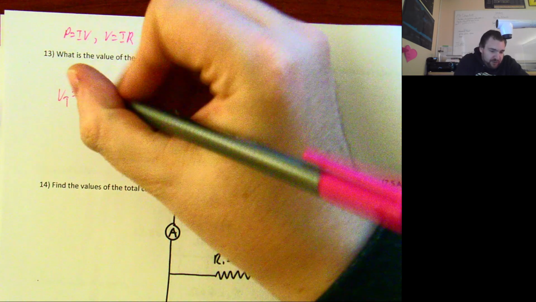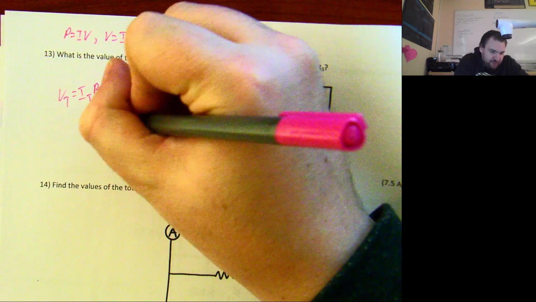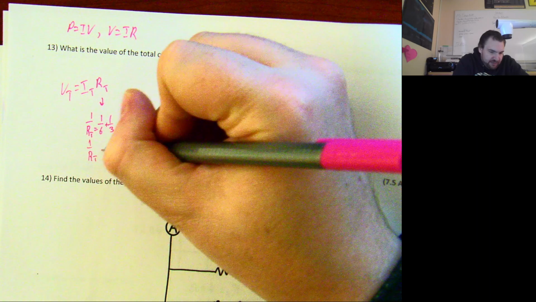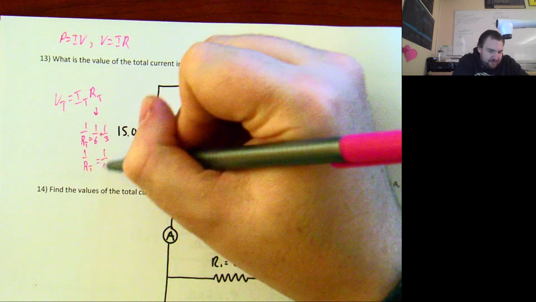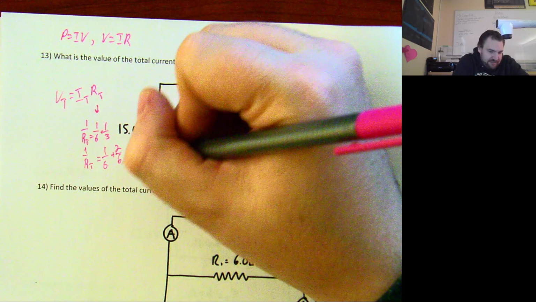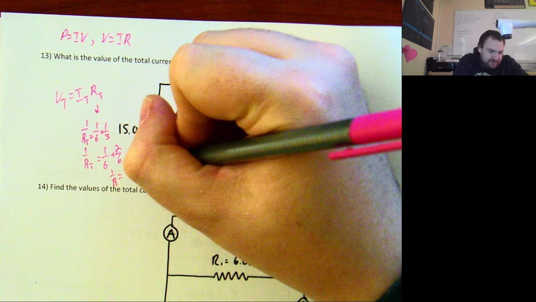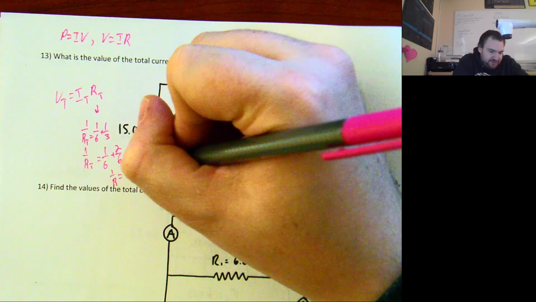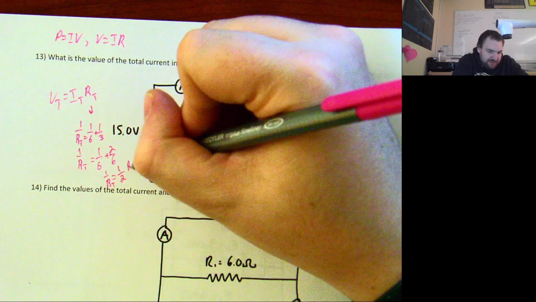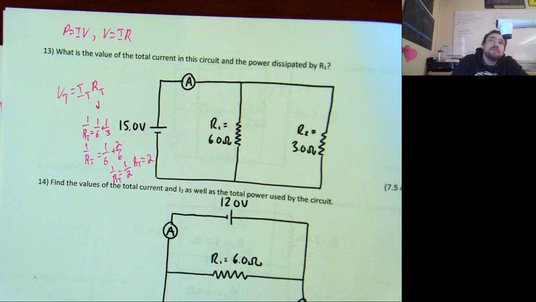We can do 1 over RT is equal to 1 over 6 plus 1 over 3, which is going to be 1 over RT 1/6 plus 2/6 is going to be 1 over RT is going to equal 3 over 6, which is 1 over 2, which means RT equals 2.